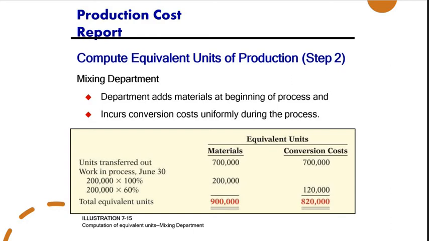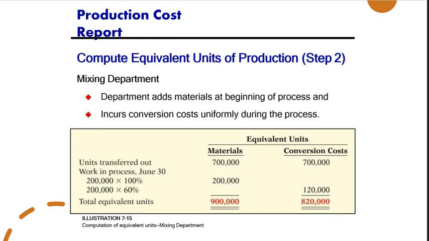Kung makikita ninyo, units transferred out during June 30, units transferred out 700,000, and work in process during June 30 naman, we have 100% and 60% naman. Okay, so we have the total equivalent units.